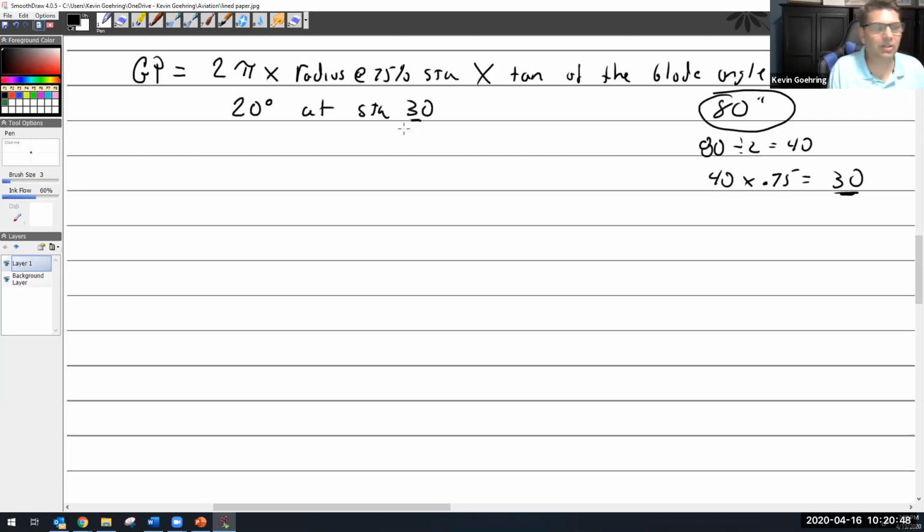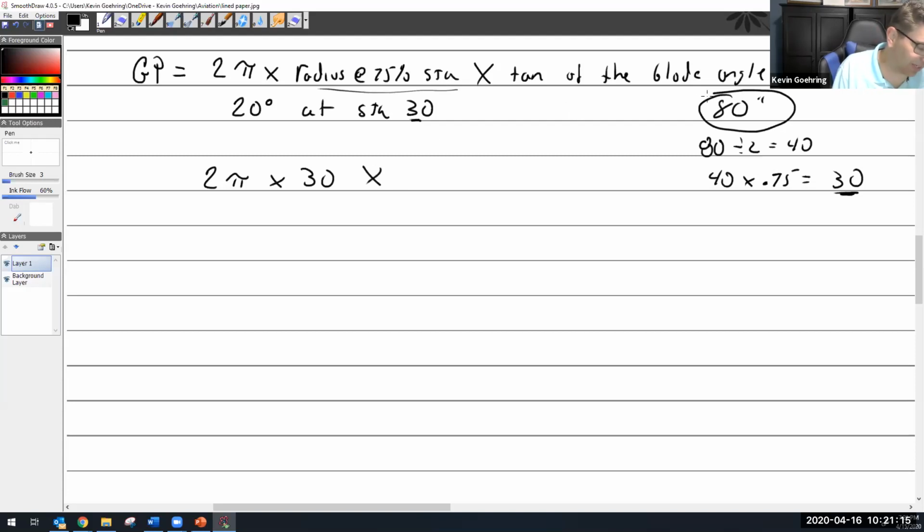Now I say to myself, well, how far will that go? What is my geometric pitch on that? Okay, so geometric pitch on this particular one is 2 pi times the radius at the 75 station, which is 30 right here, times the tangent of the blade angle.